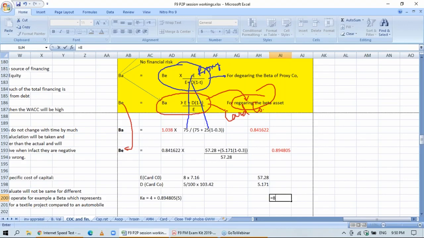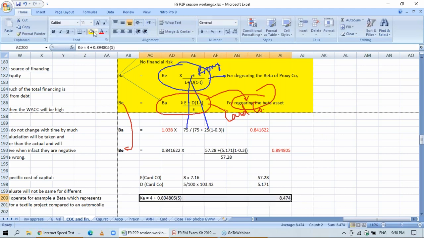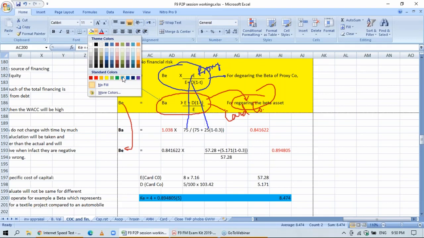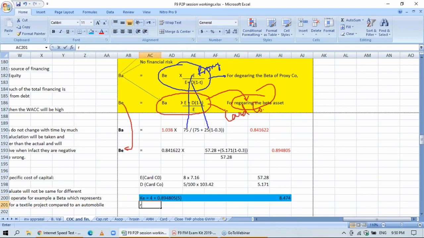So this is your risk adjusted cost of equity, the project specific cost of equity.